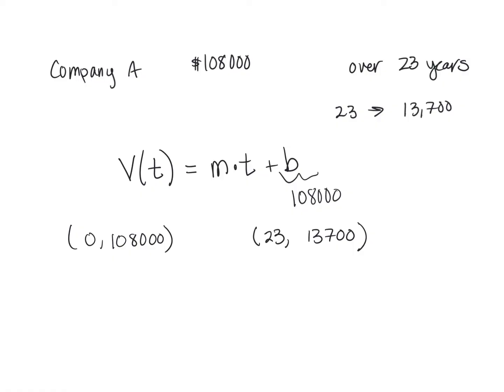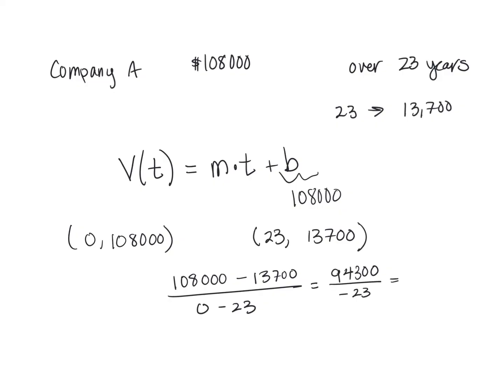So if I find the slope, I would take this minus this over 0 minus 23, which using my calculator, I would find to be 24,300 divided by negative 23, which would be negative 4,100.